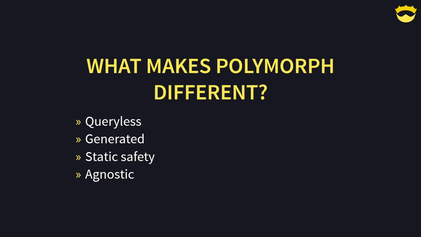And there's also a lot of static safety for things like use after free when you're iterating in systems and events that cause recursion and stuff like that. And the library is also agnostic for what you use it for. ECS originated in the game development industry, but Polymorph doesn't make any assumptions that's what you're going to use it for. There's nothing built in for game dev. So this means you can use it for whatever you want. You don't have to worry about other stuff you're not going to use.